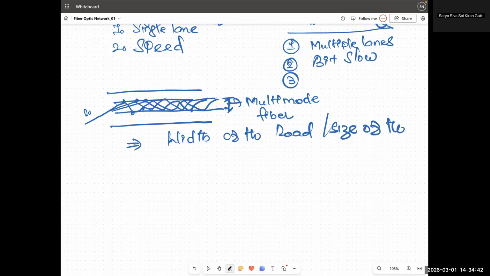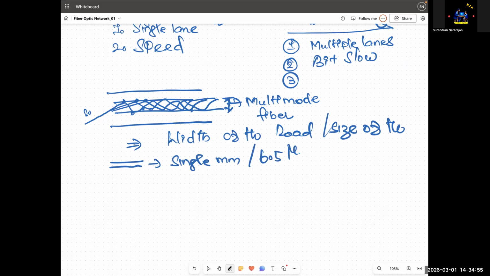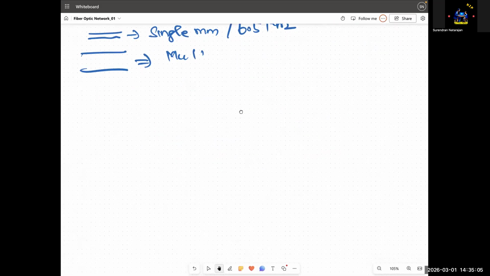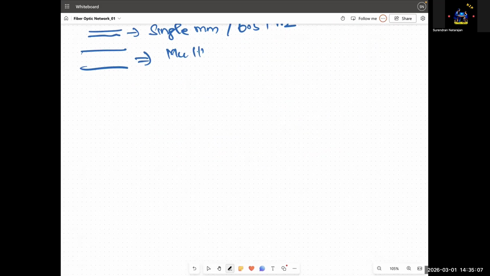If it is very narrow, then it is single mode. It is around 6.5 micrometers. If it is big enough, this is multi-mode, and it is 50 micrometers.